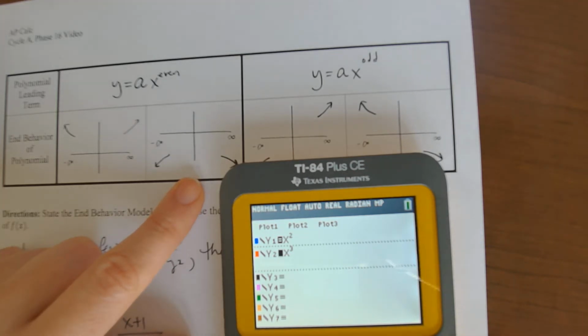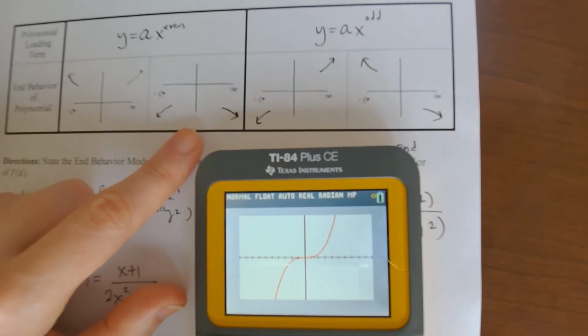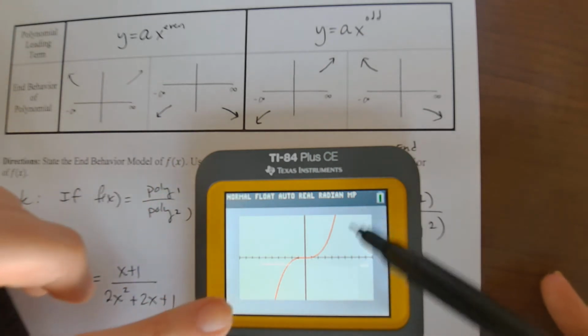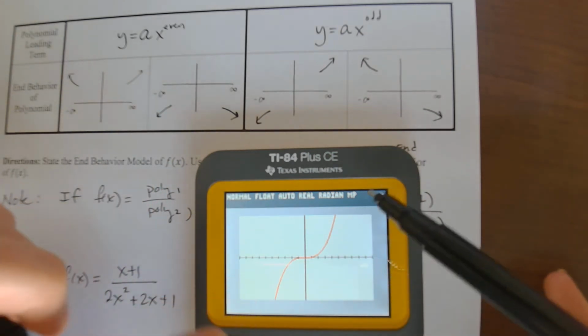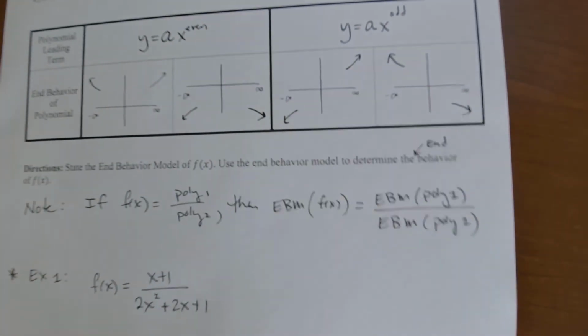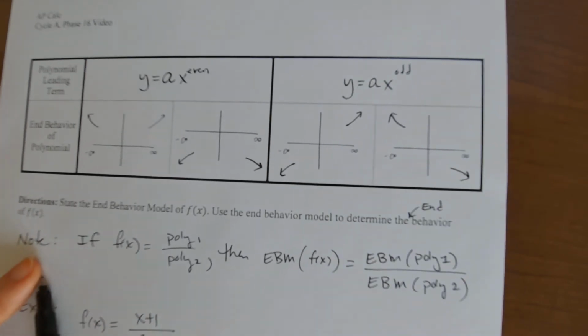Let me highlight that and de-highlight that. Okay, so here's x to the third. Way out for big x's, it would look like that at the end, like I did up there. So that was a little review of end behavior from previous years, if you remember it.